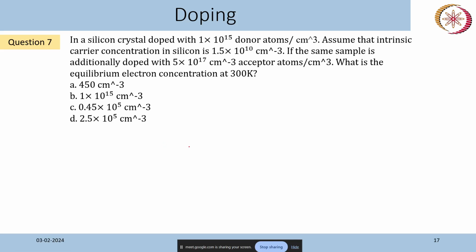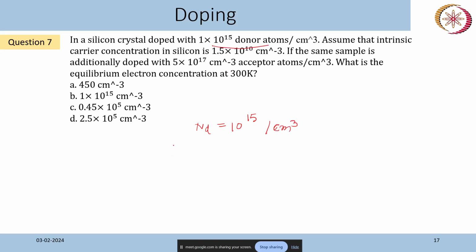Again, using the similar equations that you have used in the second last question. Here Nd is 10 to the power 15 atoms per centimeter cube.